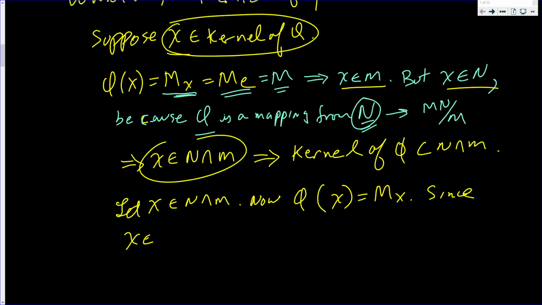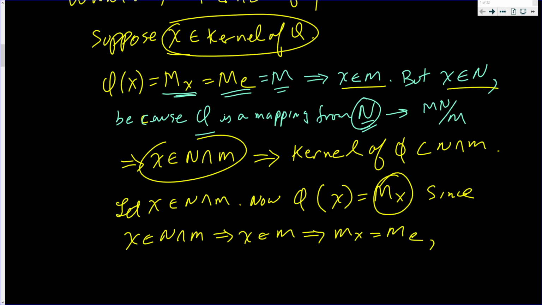Since x is in N intersect M, that implies that x is in M. But that implies that Mx, this here, is equal to M, or Me.